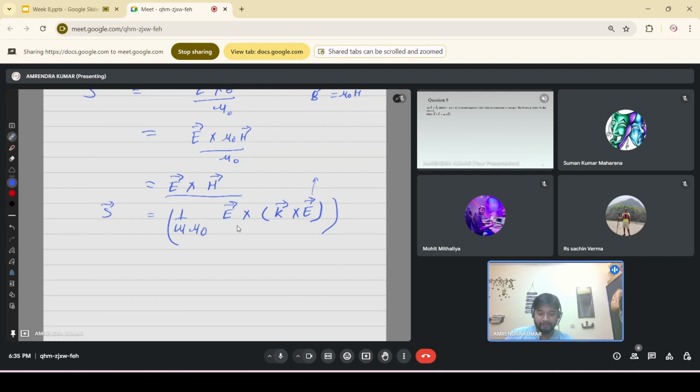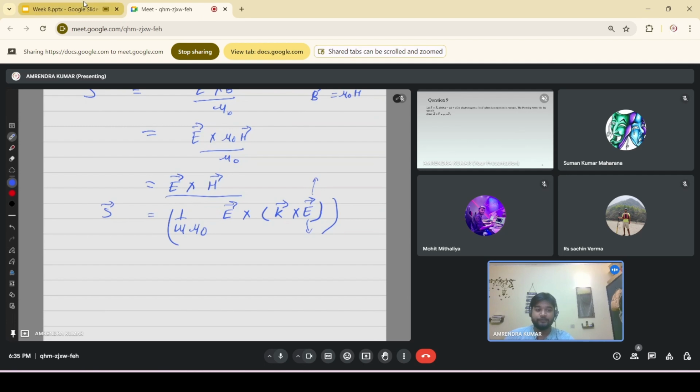We are certain that it will not be in the direction of E, because it's a cross product with something into E. So certainly it will not be E, but we know that it's perpendicular to both the magnetic field and the electric field, and it's parallel to the propagation direction. So it will be in the direction of k.